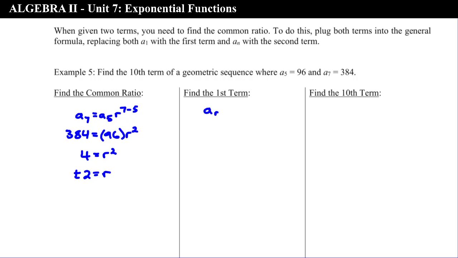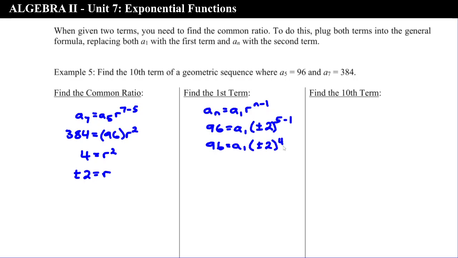To find the first term, we're kind of back to the same type of problem we had previously, where we're going to substitute in one of these terms. Let's take the first one, and for a sub n, we're looking for a sub 1. R is plus or minus 2, and then n here is 5, and then you have minus 1 on the end. So 96 equals a sub 1 times plus or minus 2 to the 4th.